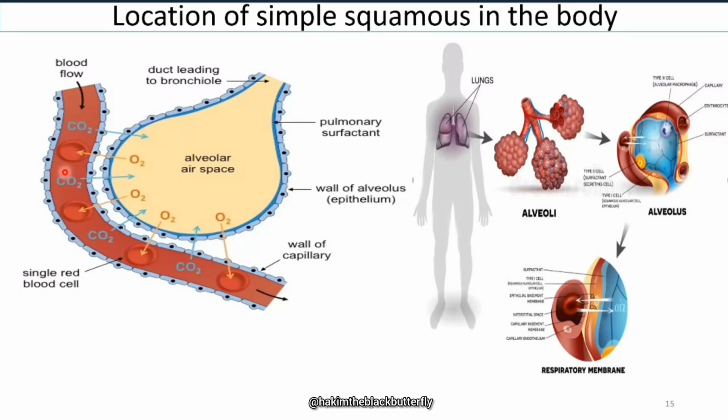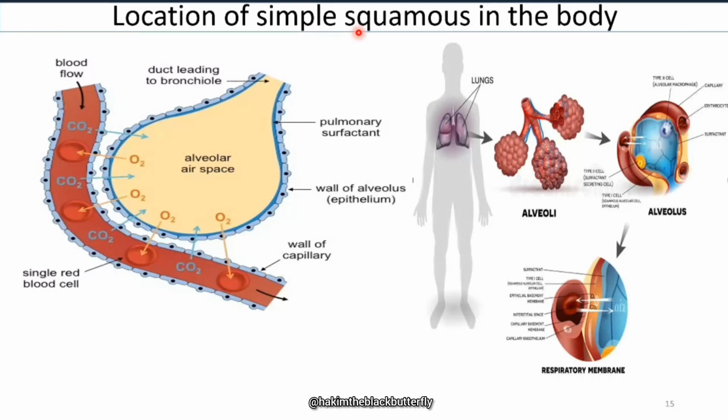Then the carbon dioxide from the blood capillaries around the air sacs will be transported by diffusion easily through that layer. It will enter the air sacs so that you can easily expel that carbon dioxide. So this layer is going to be found along the air sacs, and the function there is to allow easy gaseous exchange.